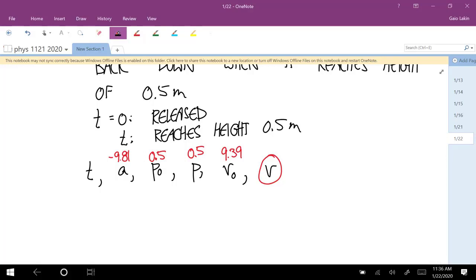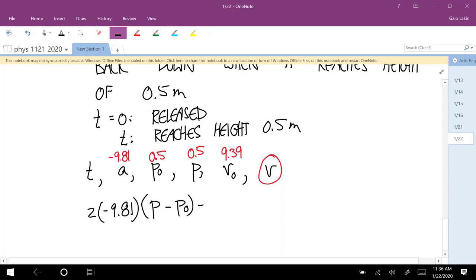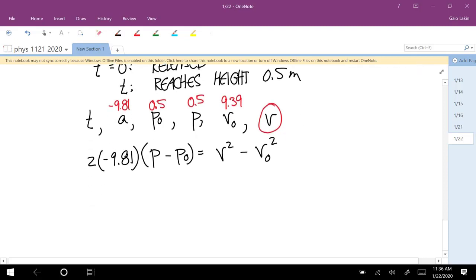And we can use the same equation again. So we get 2 times negative 9.81 times p minus p0 is equal to v squared minus v0 squared. So this says negative 19.62 times 0.5 minus 0.5.